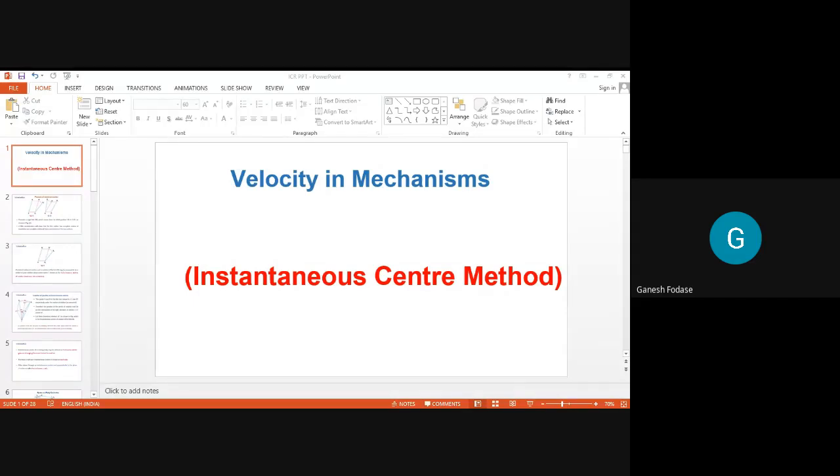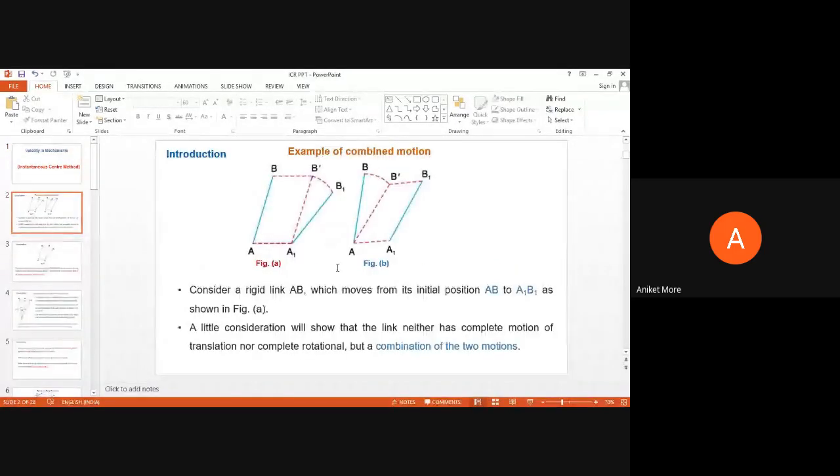Now I'm just showing with the highlighter. Is it visible? Wait. Is it visible to you now? It is the introduction.